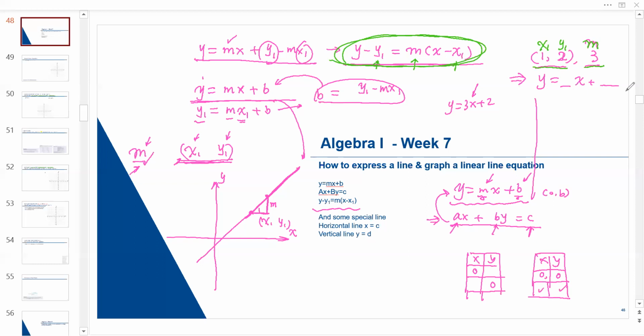2x plus 3. No, that's not correct, right? You can put it back to check it. If you put a 1 into your expression, 2 times 1 plus 3 equals 5. So 2x plus 3 is not correct, right?